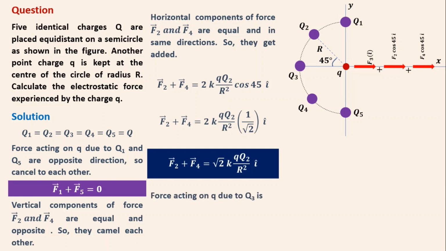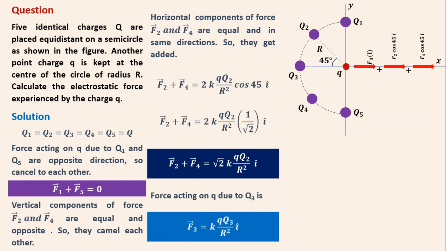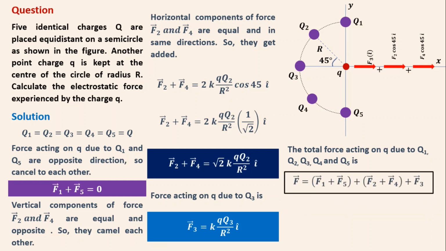The force acting on small q due to Q3 is F3 vector equals k times q q3 by r square i cap. The total force on q due to Q1, Q2, Q3, Q4 and Q5 is F vector equals F1 plus F5 vector plus F2 plus F4 vector plus F3.